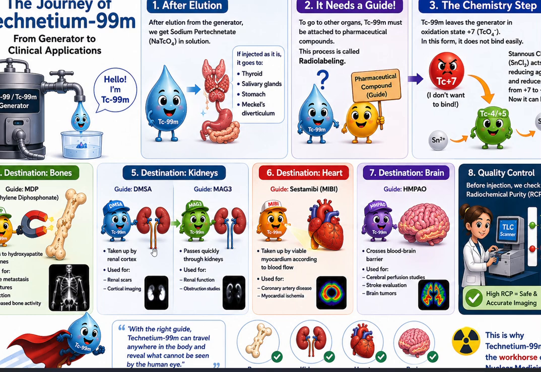The second is MAG3, which passes rapidly through the kidney and is used to evaluate renal function and urinary tract obstruction.